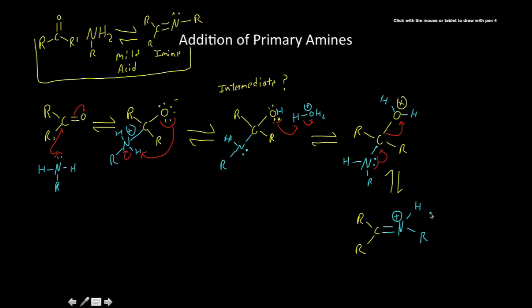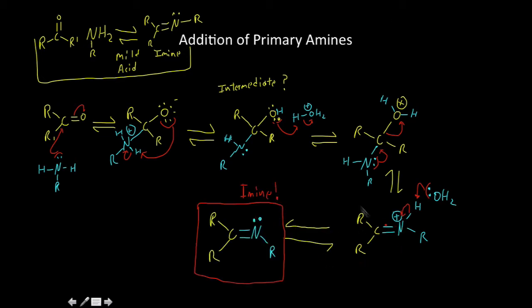Obviously, if we're running this reaction in water under mildly acidic conditions, that's what you're going to have here. So I'm just going to go ahead and draw water itself seeing that there's a proton there, and it can take it away, just like with every other type of reaction that we've drawn. This obviously reacts to give us our final product of our imine, and then we can say that we're done, at least in terms of this reaction.